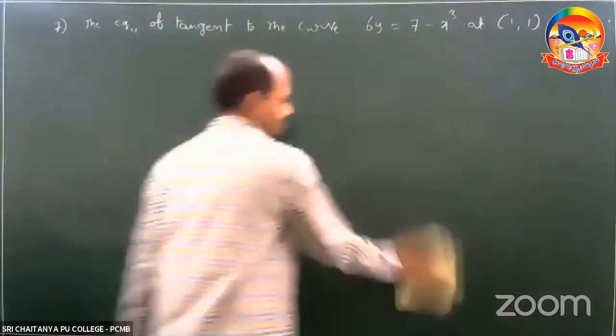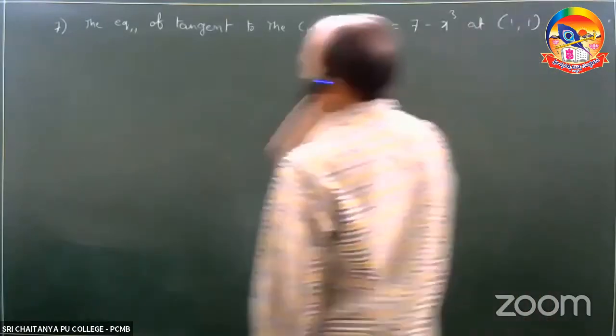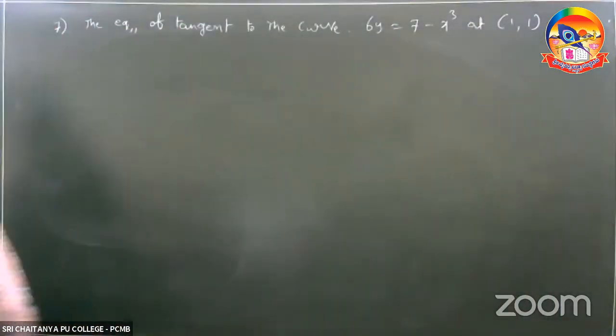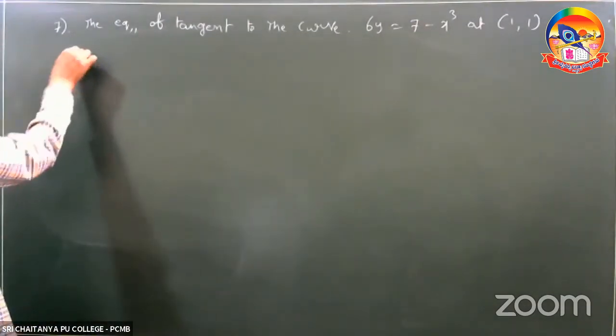Find the equation of the tangent to the curve 6y equal to 7 minus x cube at 1 comma 1.